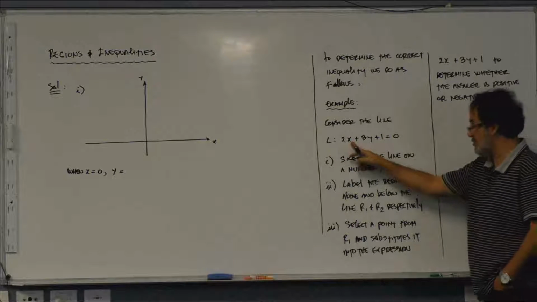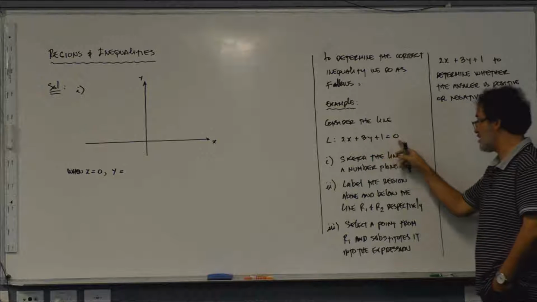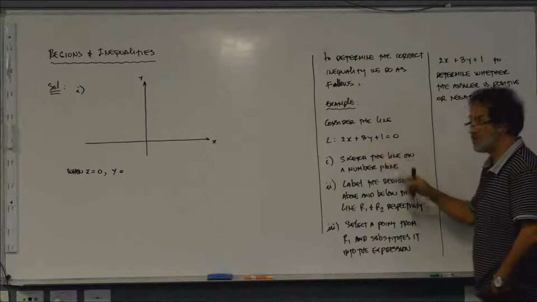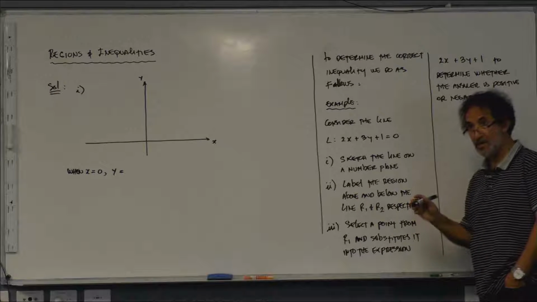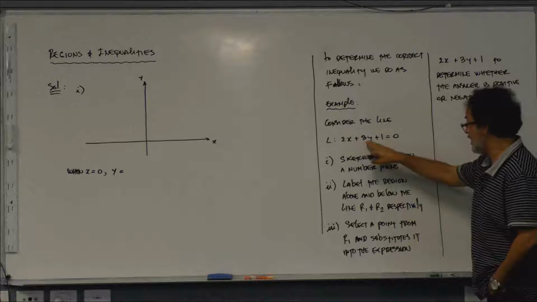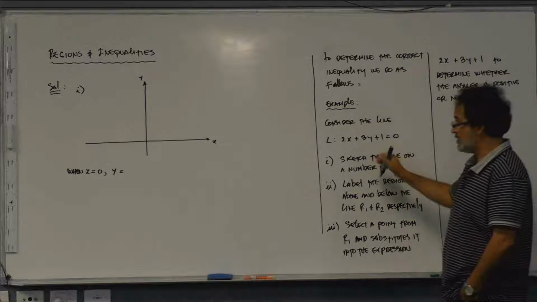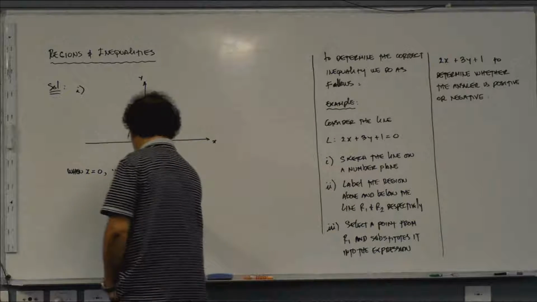When x equals 0, we have 3y plus 1 equals 0, and then making y the subject, y is equal to negative 1/3.